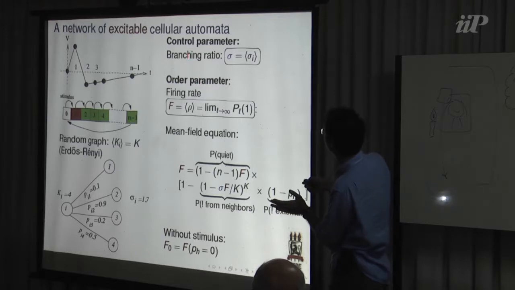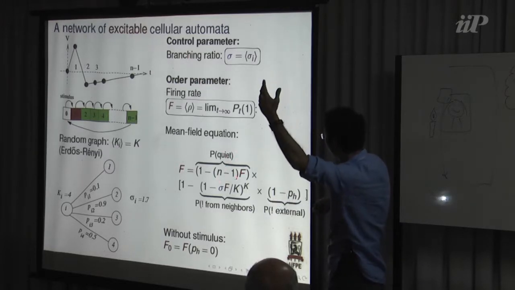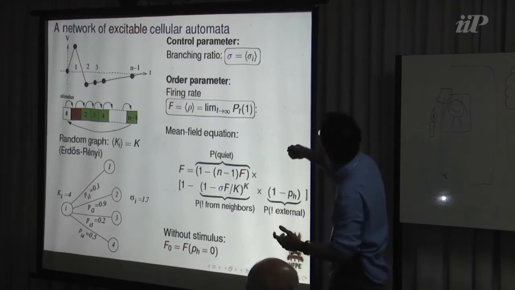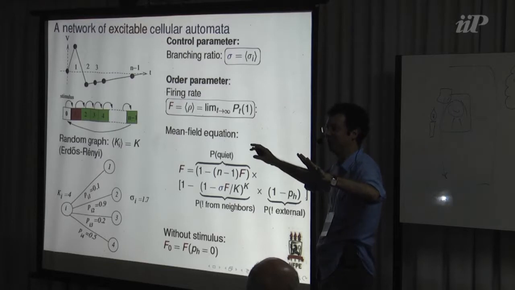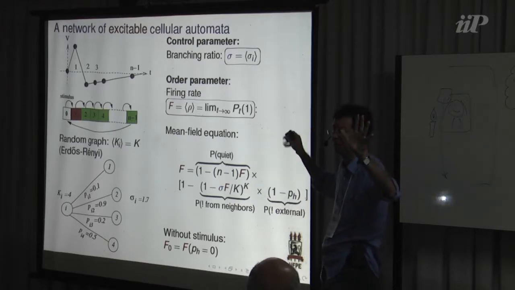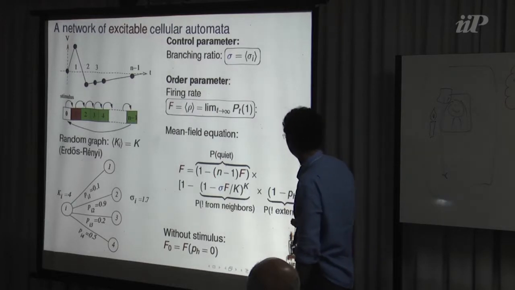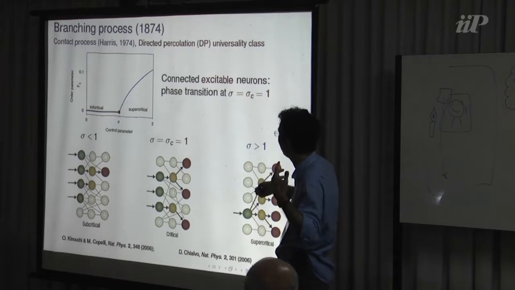It's relating the order parameter F, mean activity, mean firing rate, to the control parameter, which is the branching ratio, the intensity of the connections, right? Think of sigma as the intensity of the connections. You solve this equation, and you get this, right? This is the picture I've been showing you all along.